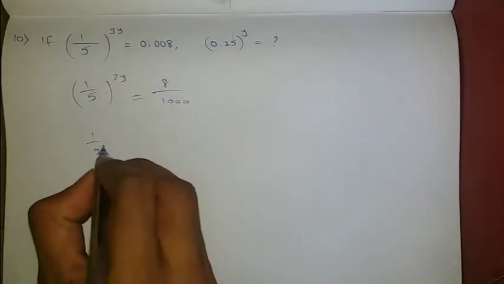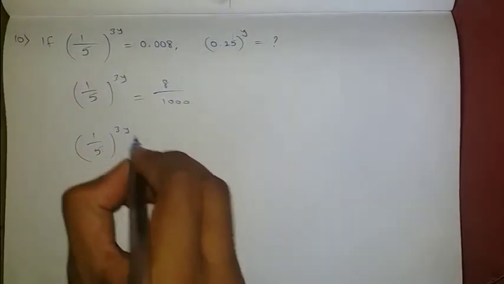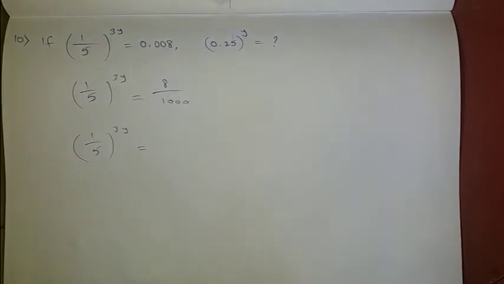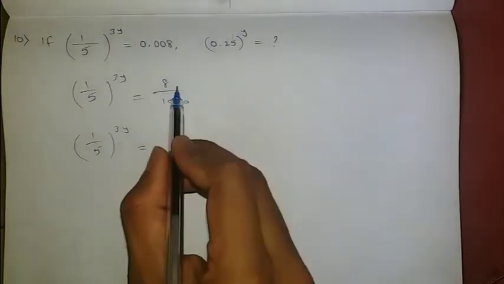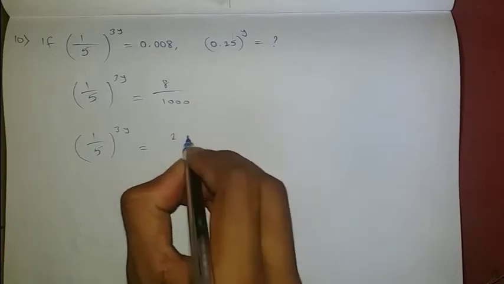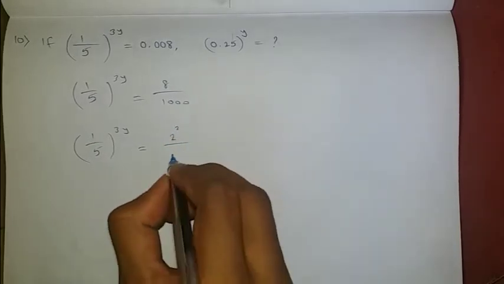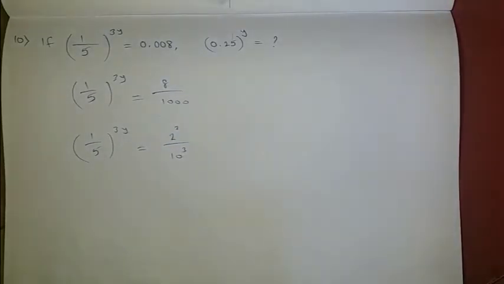Next, (1/5) whole power 3y is equal to 8, which can be written as 2 cube, by 1000, which can be written as 10 cube.